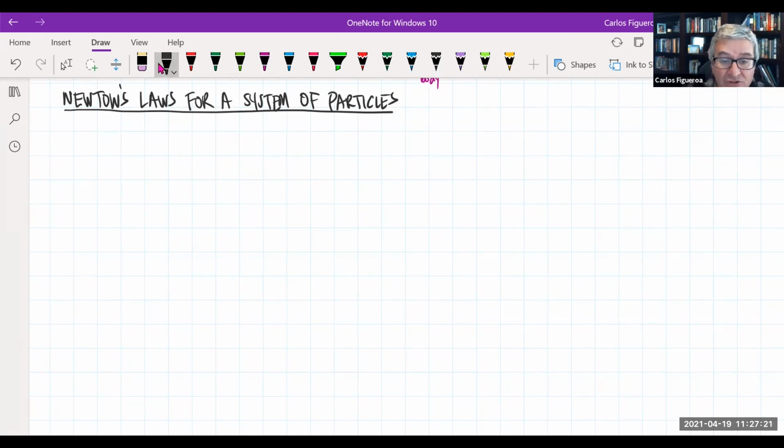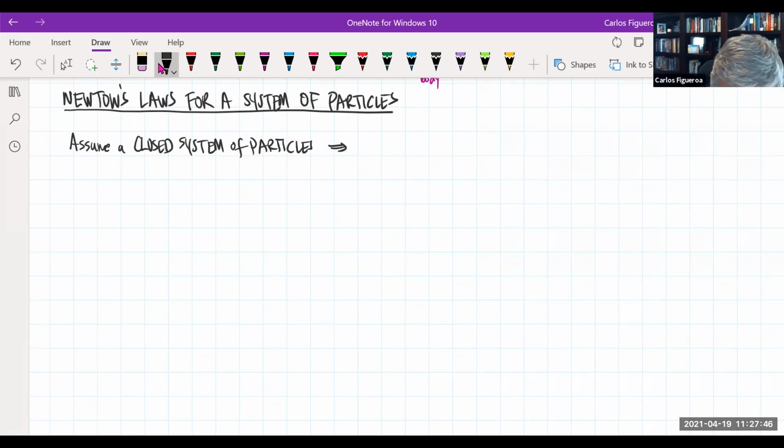Okay. So what we need here is a system of particles, a closed system of particles. So we assume a closed system of particles.